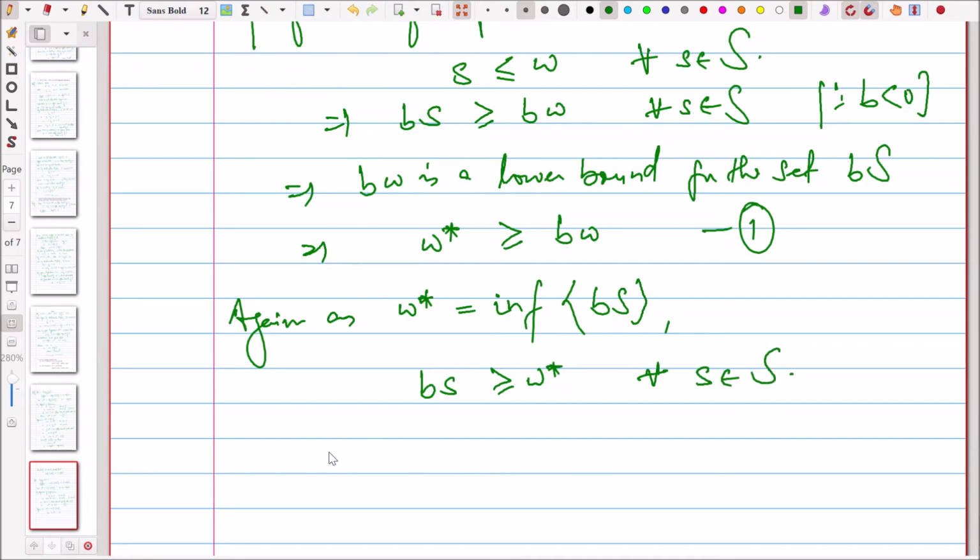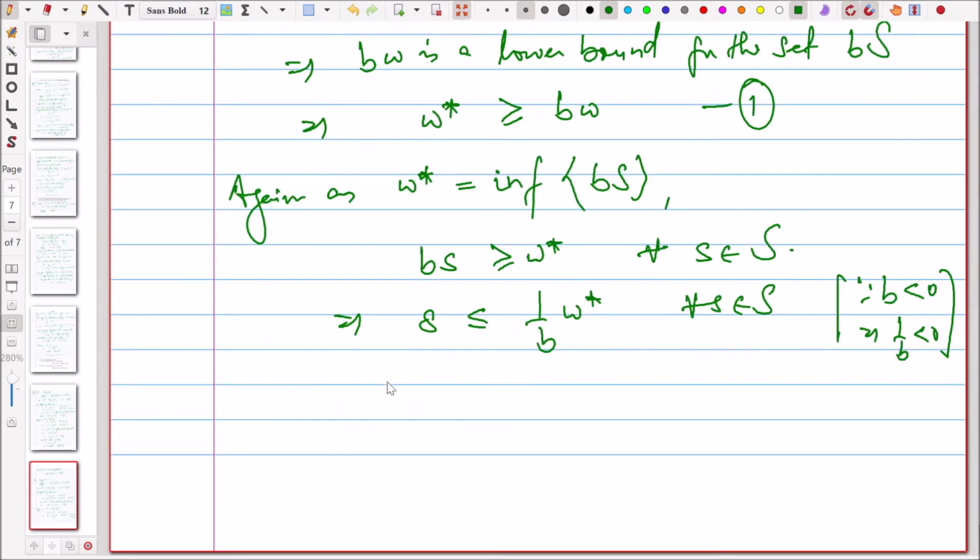Now we will multiply by 1 by B, and because B is negative, 1 by B is negative, so the inequality will reverse. So this implies s is less than or equal to 1 by B times W star for all s belonging to S. Since 1 by B is negative, multiplying by it reverses the inequality.